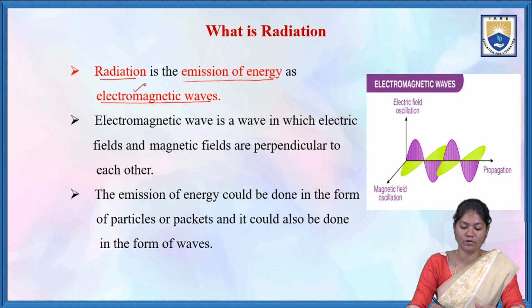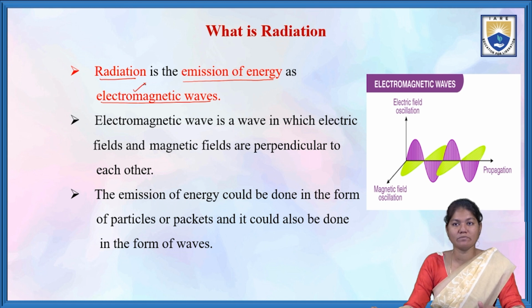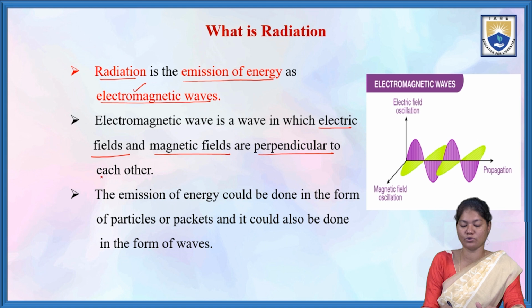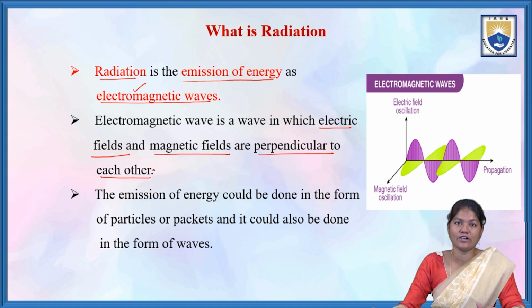Electromagnetic wave is a wave in which electric fields and magnetic fields are perpendicular to each other. In electromagnetic waves, the wave is produced due to the electric field and magnetic field which are oscillating together.